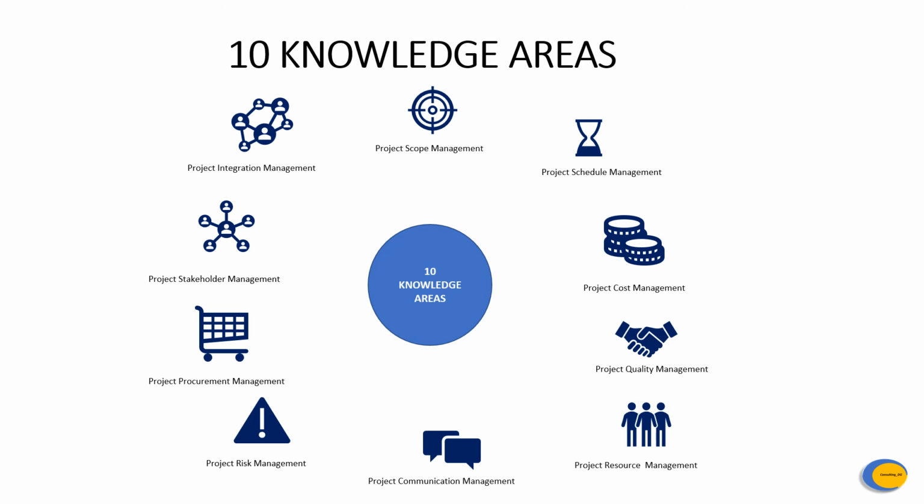Project procurement management is about purchasing or acquiring products and services needed from outside the team. And project stakeholder management is about identifying people, groups, or organizations that could impact or be impacted by the project, analyzing their expectations, and developing a strategy for engaging them in project decisions.